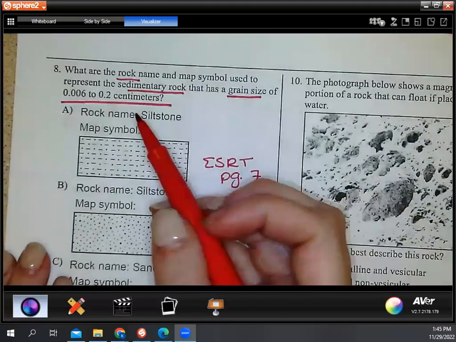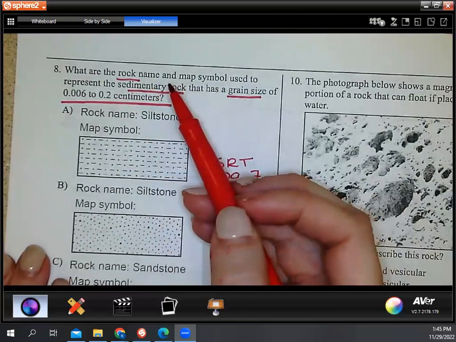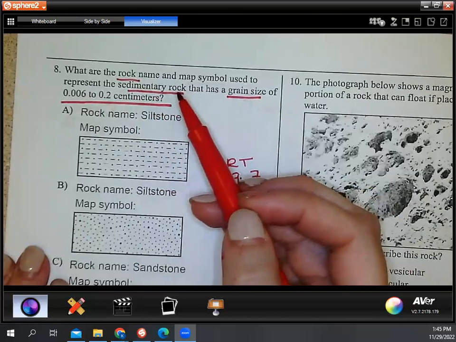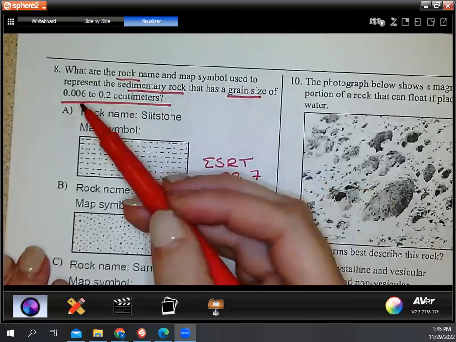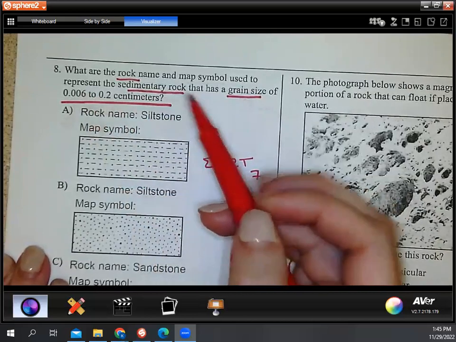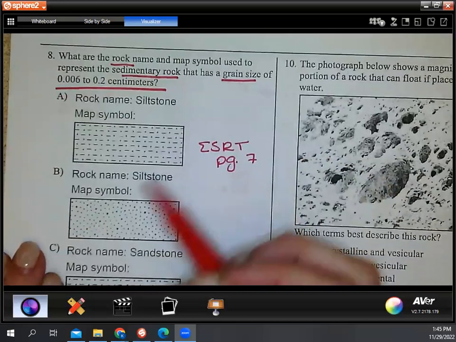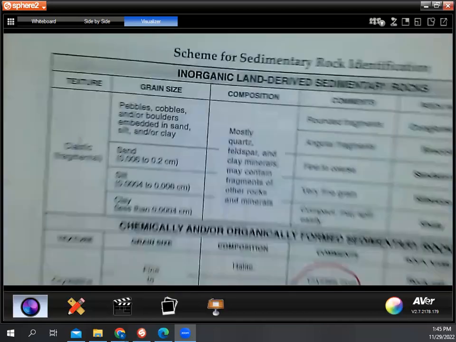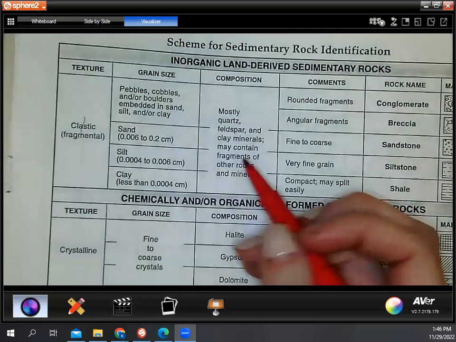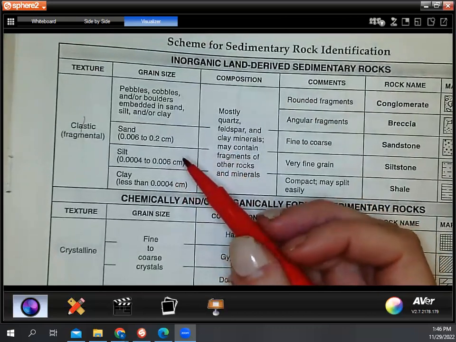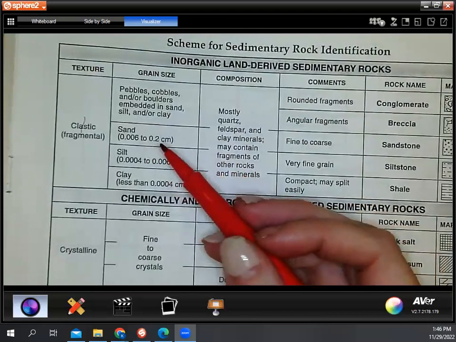Question 8, name the rock and the map symbol used to represent a sedimentary rock that has a grain size of 0.006 to 0.2 centimeters. So I'm going to start by going to my reference table, page 7. I'm going to look for that range that they just gave me, 0.006 to 0.7.